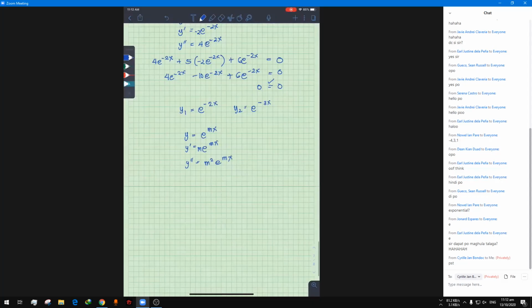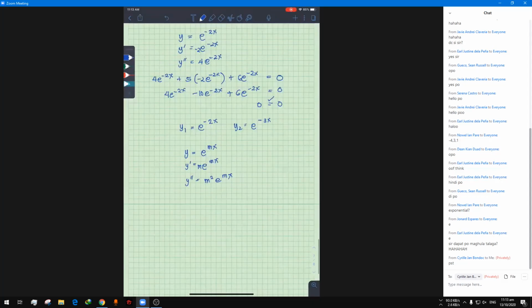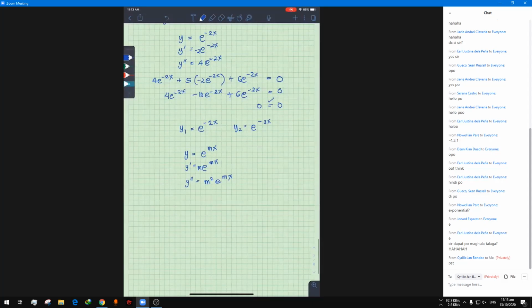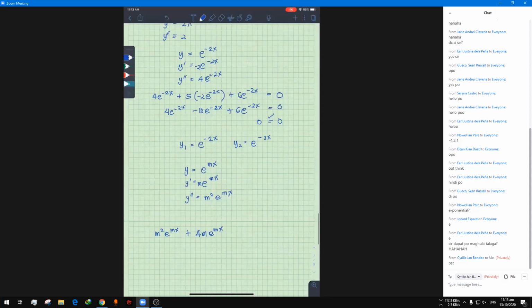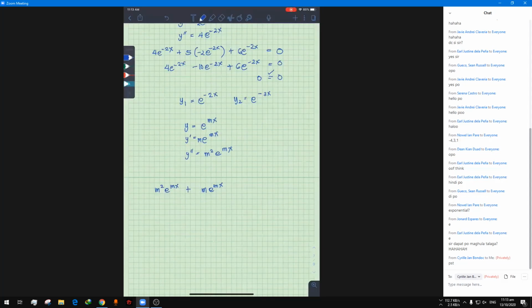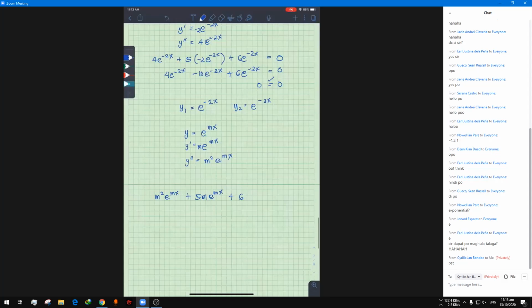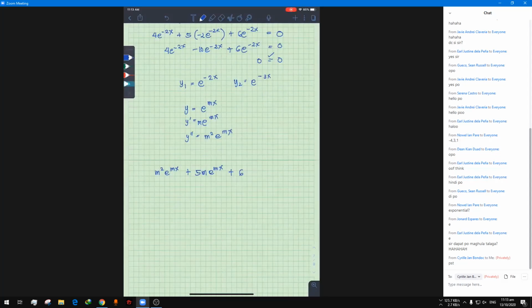So pag sinubstitute ko siya dun sa original equation, m squared e raised to mx plus 5m e raised to mx, sorry, hindi siya 4, it's 5, plus 6 e raised to mx is equals to 0.